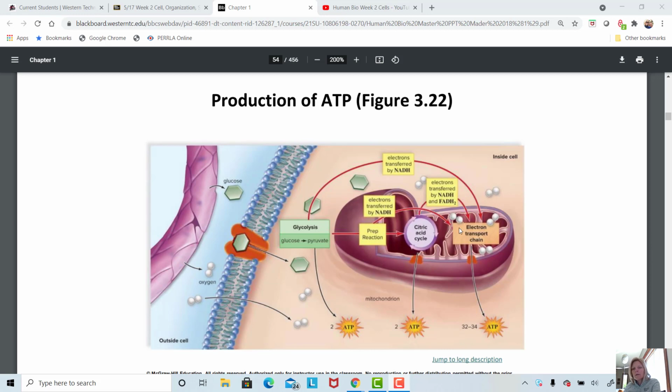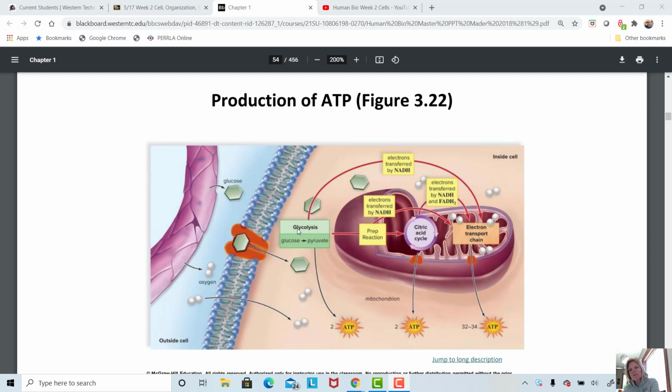Then the electron transport chain takes over, and that releases water in the process and makes a lot of ATP. If we look at the amount of ATP made through the reactions of the electron transport chain, we get a lot more ATP in that process compared to the Krebs cycle and glycolysis.